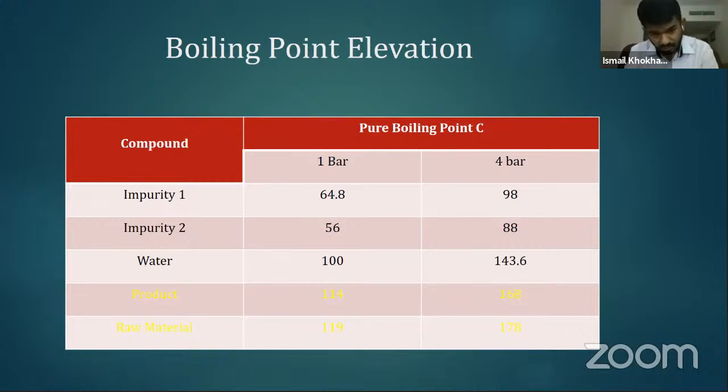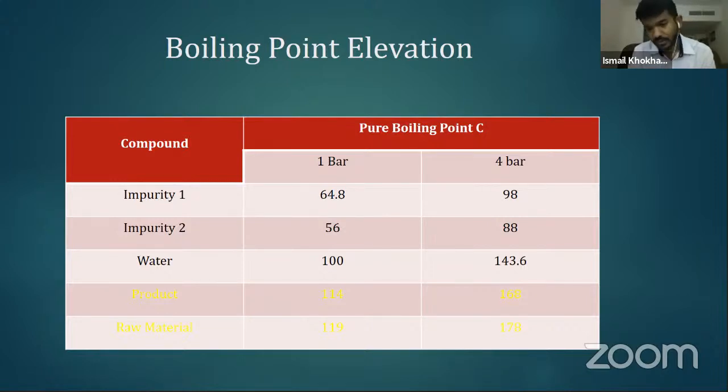Now, the product, which was at 114 degrees Celsius, went to 168 degrees Celsius, and the raw material from 119 to 178. So now, if you want the raw material also to come out pure at 4 bar, you need to make sure that your vapor temperature is 178 maximum.